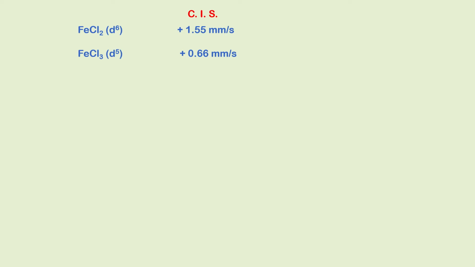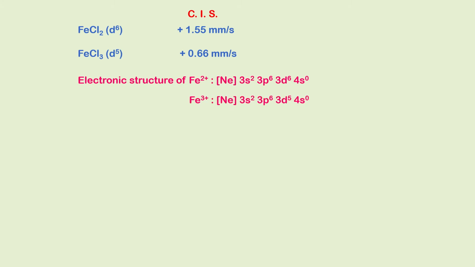Why is it so? We can understand by its electronic structure. Fe has atomic number 26, so the electronic configuration is neon 3s2, 3p6, 3d6 and 4s0. In case of Fe plus 3, there is one electron less, 3d5.